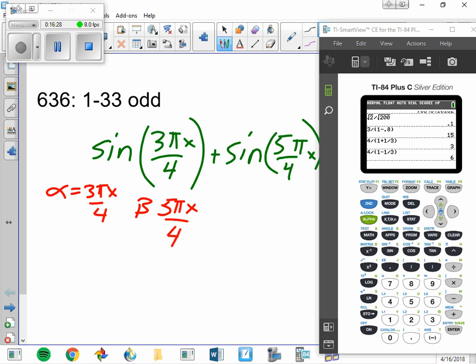And then we don't have to do a system. All we have to do is follow the formula. And the formula says we double this number, 2, times the cosine of alpha plus beta over 2. So alpha plus beta would be 8 pi x over 4, which simplifies to be 2 pi x, and then we cut that in half, pi x.